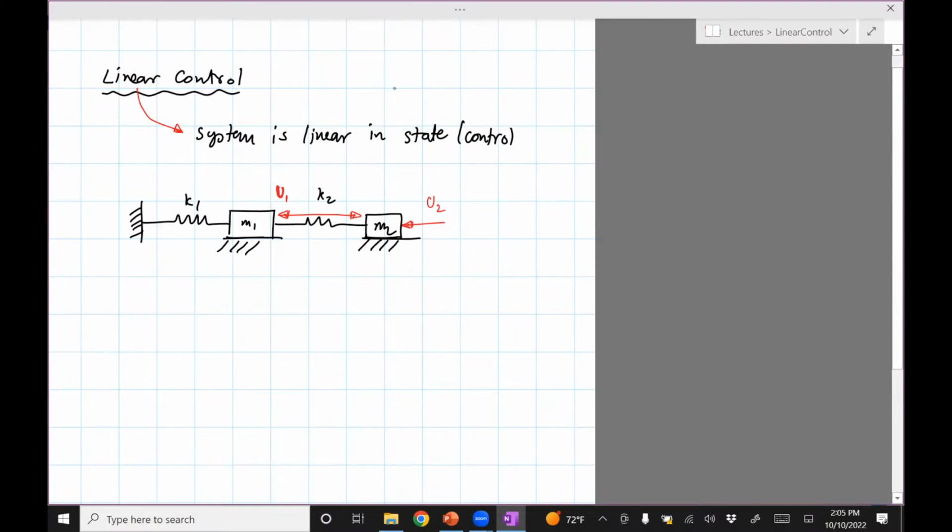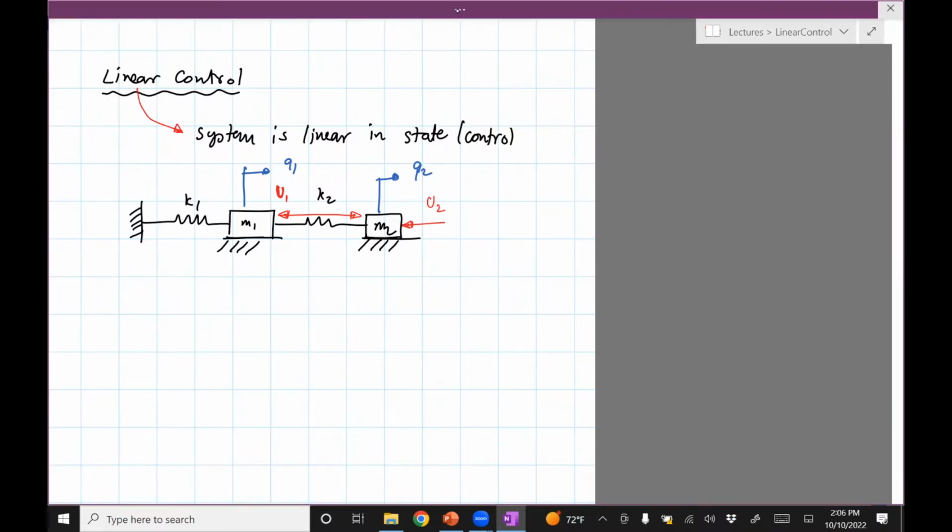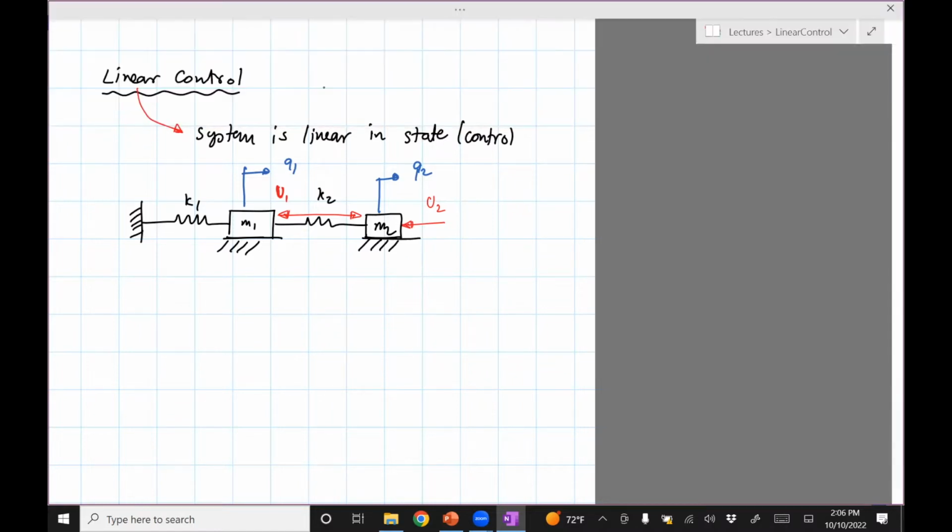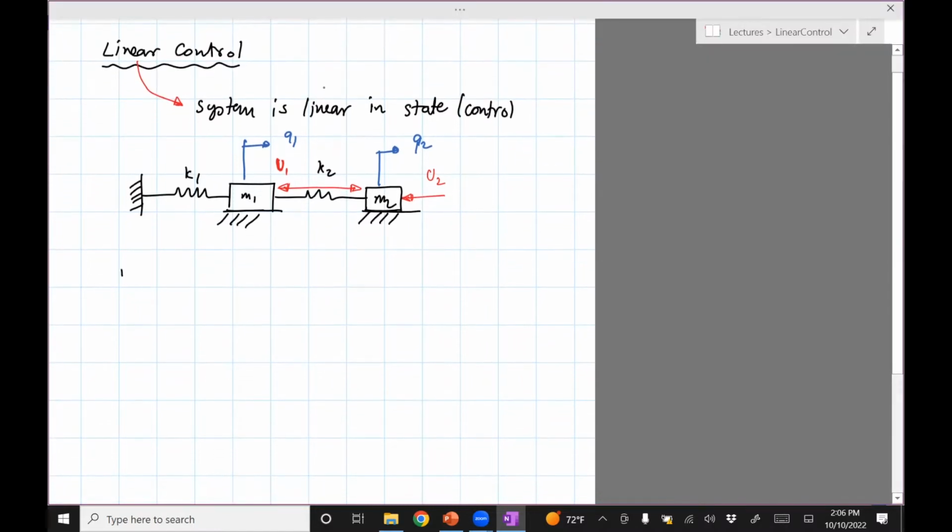Now this system can be modeled by two variables. Let's call them Q1 and Q2, where Q1 and Q2 are the positions of those masses. So let me now define all the quantities I talked about.